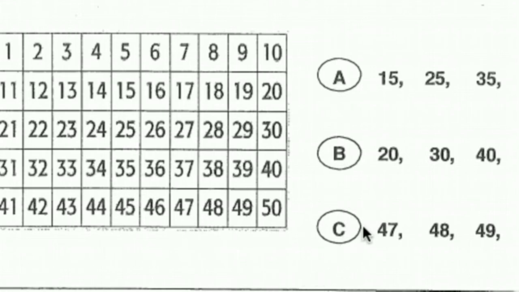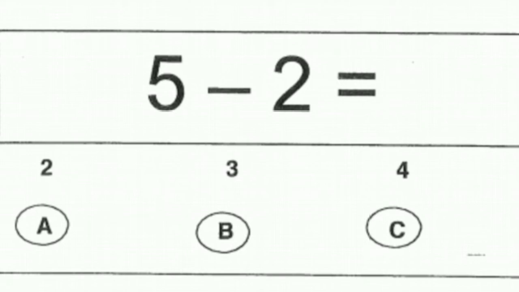Choose wisely. Okay, number 10, subtraction. Fill in the correct answer. Read the equation, the number sentence, and then figure out which one of these numbers best represents what the result of this subtraction equation will be.